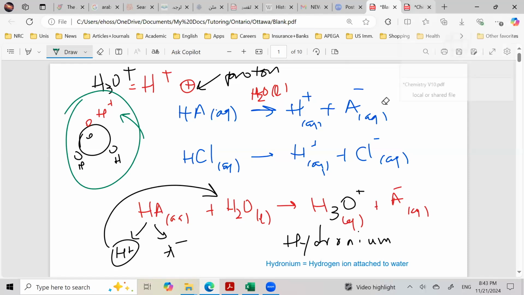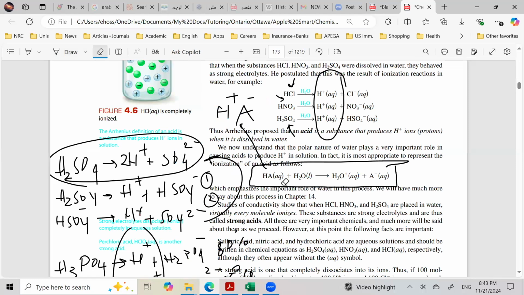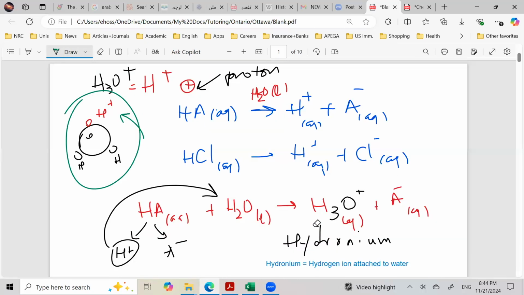Okay, so back to here. If you see HA aqueous plus water liquid gives off hydronium, H3O plus aqueous, plus A minus, that hydronium, as we just said, is basically nothing but hydrogen. But if you write it the first way, you have to write hydrogen ions. You can't put hydronium because there's no water in the equation.